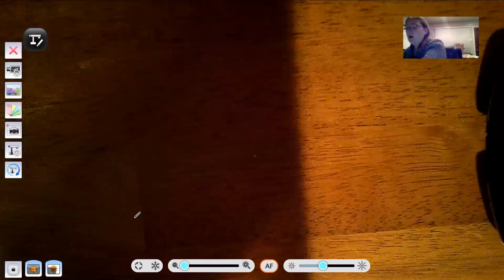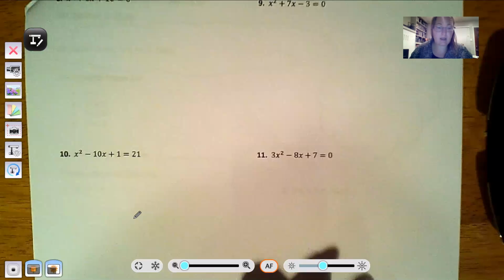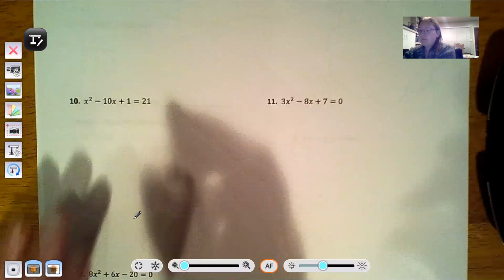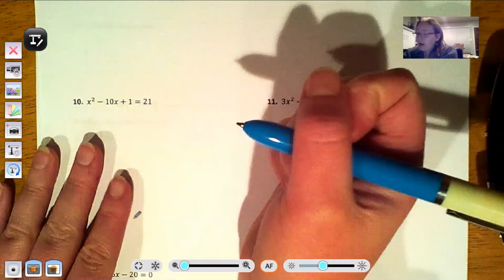So let's do a few completing the square problems together, and then I'll project a few as well. Let's do number 10. All right, we want to isolate the x terms.